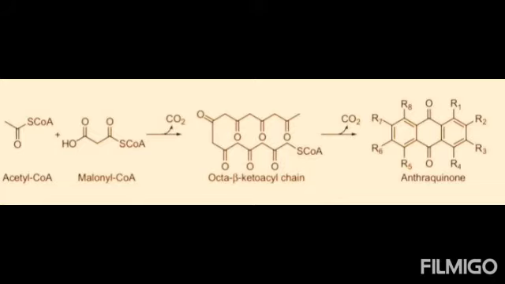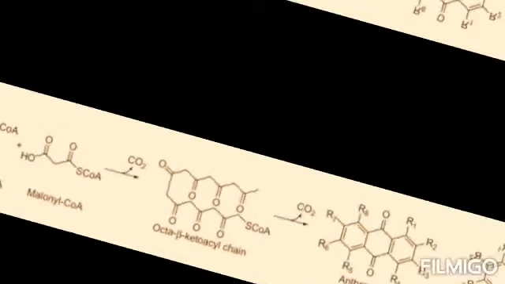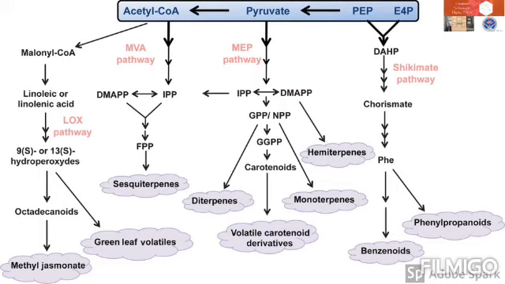These fatty acids formed in the acetate malonate pathway can undergo further metabolism to produce a variety of secondary metabolites like methyl jasmonate. This is about the acetate malonate pathway, that is, how it takes place in the plant, and which secondary metabolites can result through this pathway.